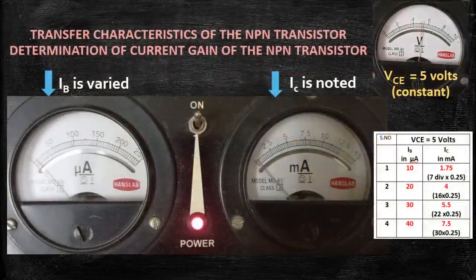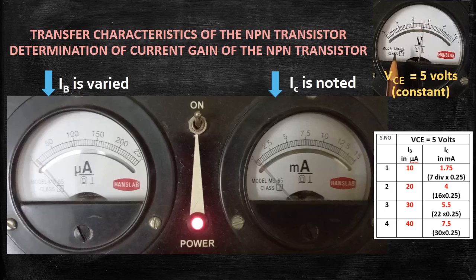Now we are going to measure the current gain of the transistor. In the determination of the current gain, we have to draw the graph called transfer characteristics. While drawing the graph for transfer characteristics, which factor must be kept constant? Again, we have to keep VCE constant. In the previous parameter measurement, that is input impedance measurement, which factor was kept constant?